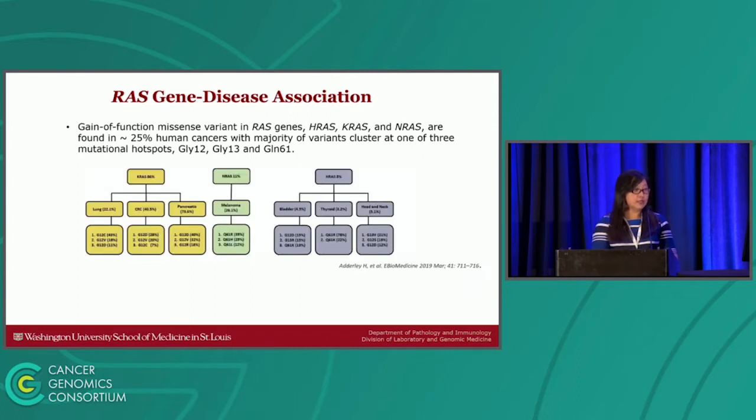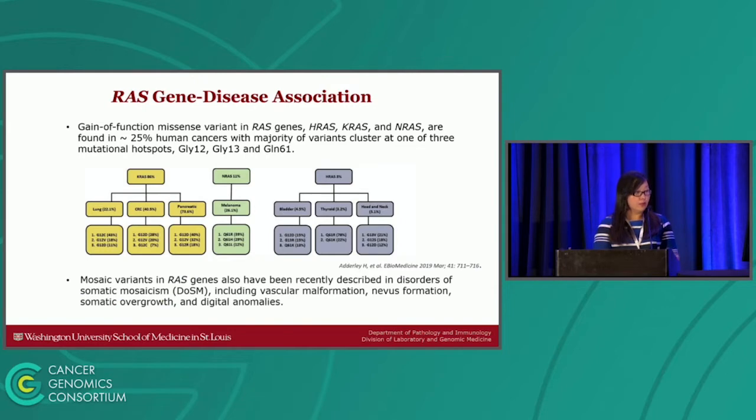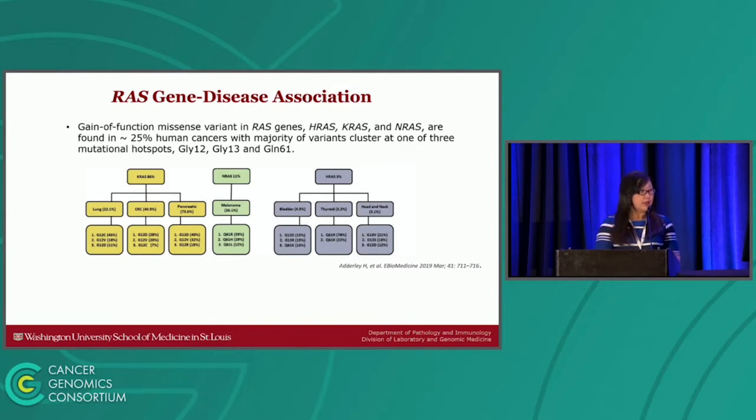KRAS is the most commonly mutated, found in about 86% of RAS mutant cancer cases, and most commonly seen in lung cancer, pancreatic cancer, and colon cancer. NRAS mutations are found in about 11% of the cases, mainly in melanoma. And HRAS is about 3% of the cases, mainly in bladder cancer, thyroid cancer, as well as head and neck tumors. So meanwhile, let's go back.